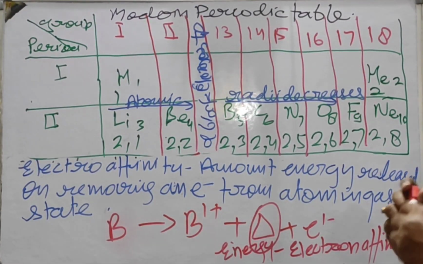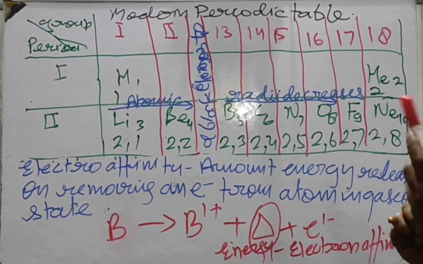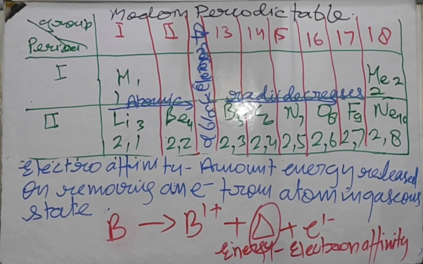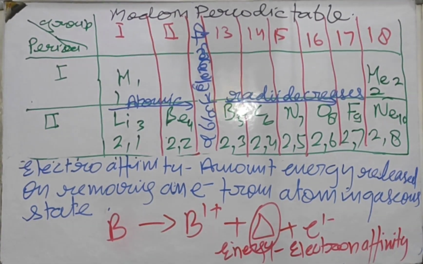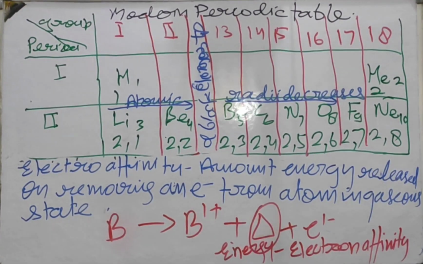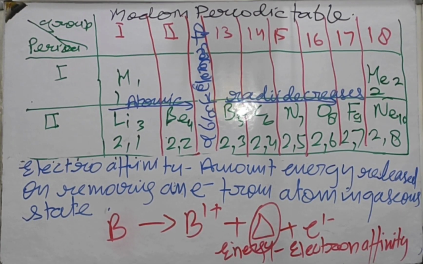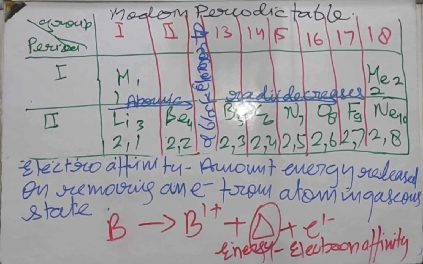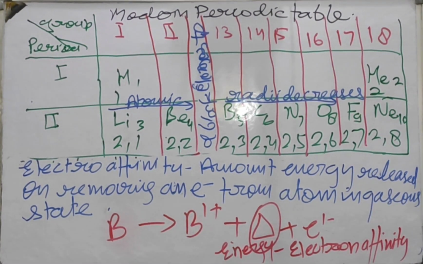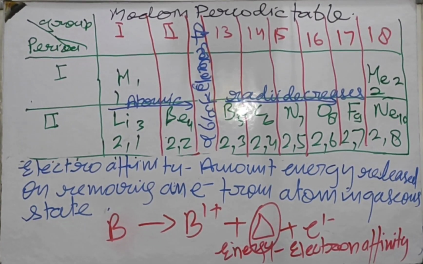Left to right is always a period, and top to bottom is always a group. So in a group, electronegativity decreases, and in a period, electronegativity increases from left to right.